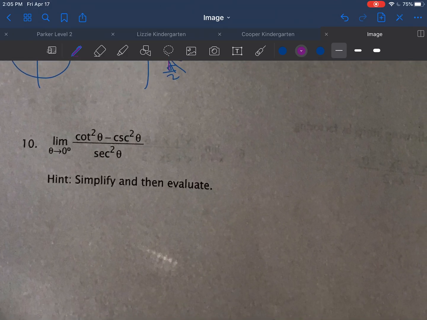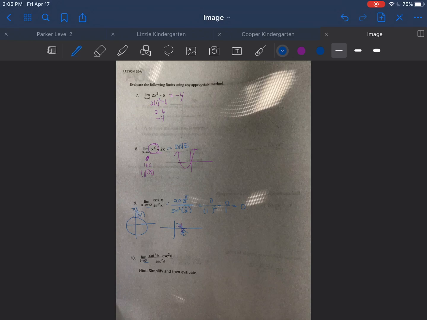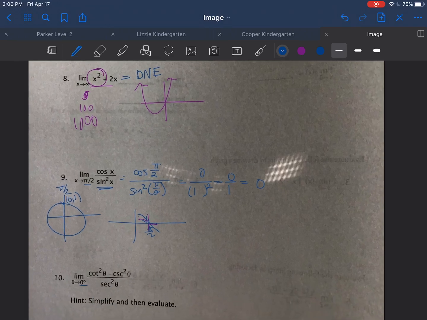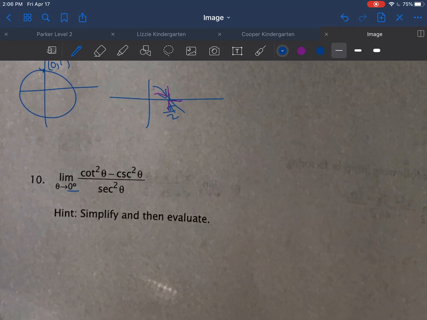Number 10, hint, simplify and then evaluate. It's like, oh, thank you so much. I'm so happy. Okay, we need to make this look prettier because we cannot plug 0 in. Basically, if you've got a fraction where your denominator is 0, we lucked out that the sine of pi over 2 is 1. If that had been 0, we would have had to do some factoring to make that denominator not go to 0.